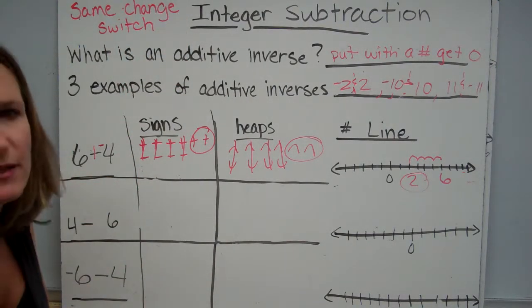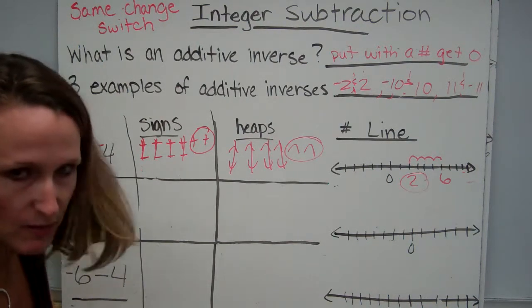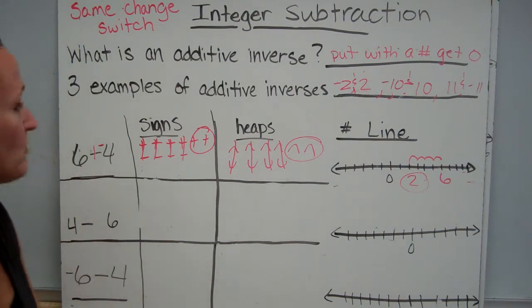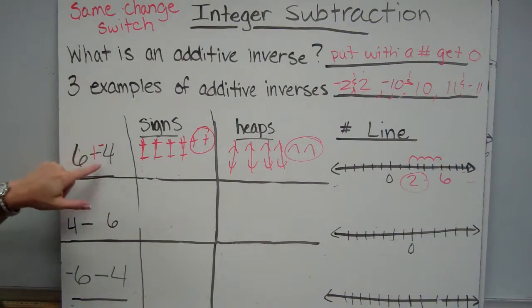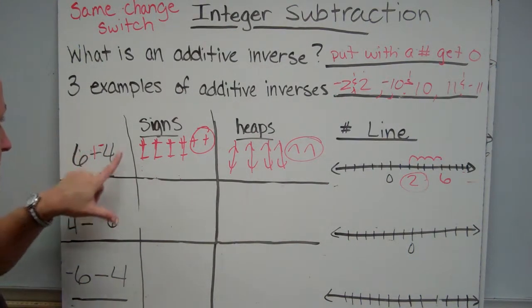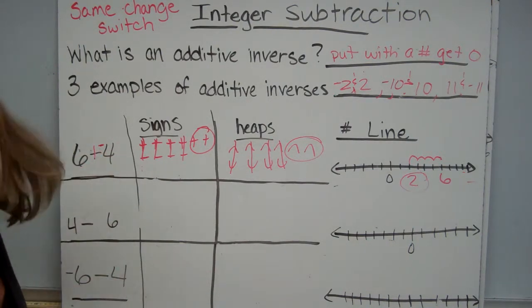Every time we subtract integers, we're going to use same, change, switch, and we're going to make our subtraction problem an addition problem. What did I do here? I kept my +6 as +6, that's my same. I changed my minus to a plus, and I switched what looked like a +4 to a -4. Therefore making it an addition problem.